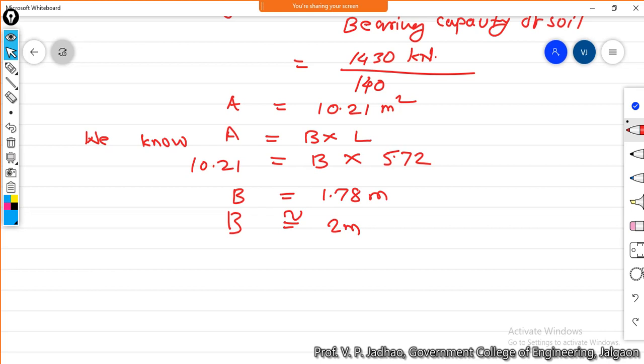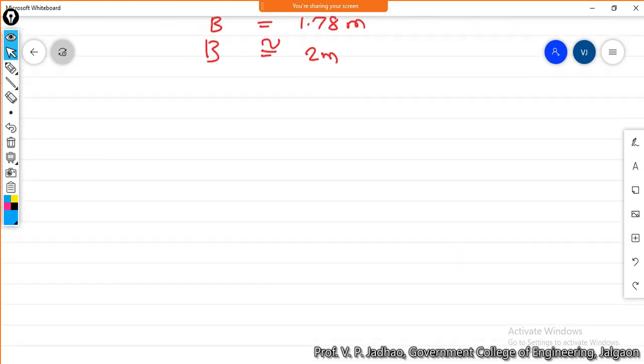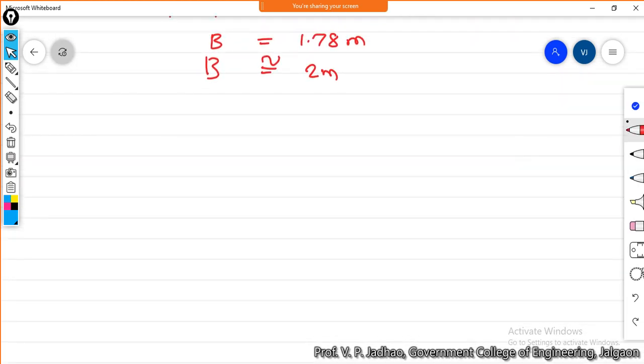So this is how we will be calculating the width of our footing. Now we have to just draw the diagram of how this footing is looking.